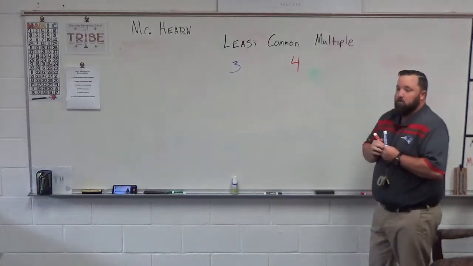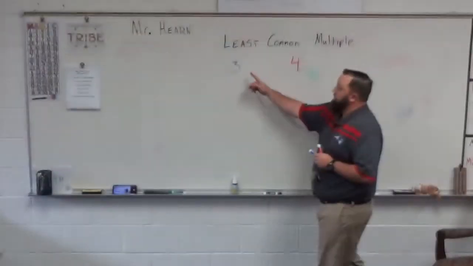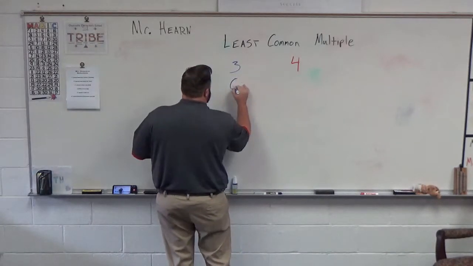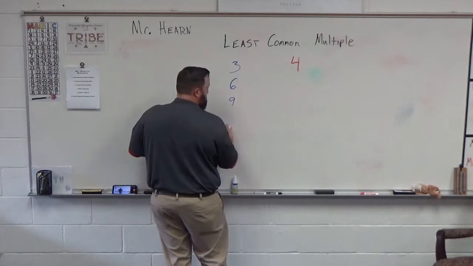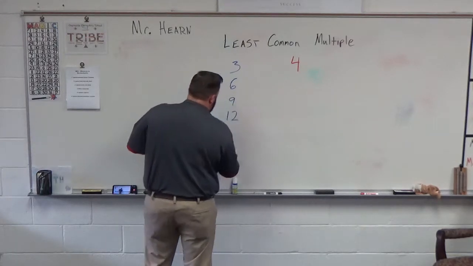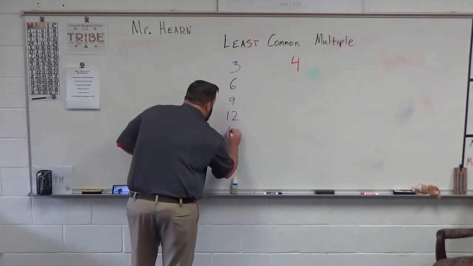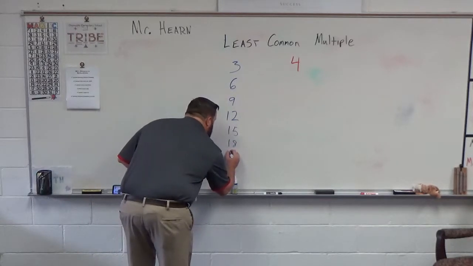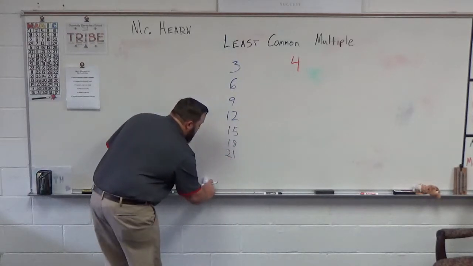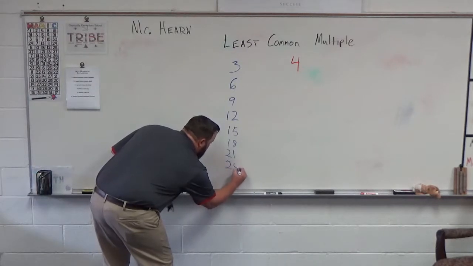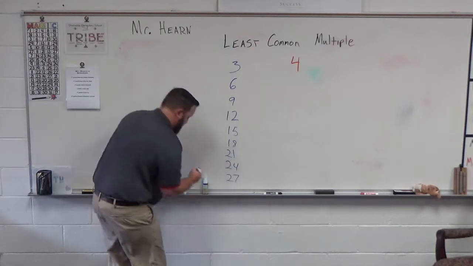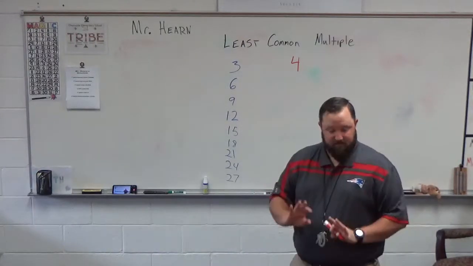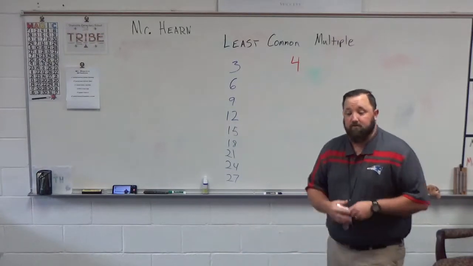The multiples of 3: 3 times 1 is 3, 3 times 2 is 6, 3 times 3 is 9, 3 times 4 is 12, 3 times 5 is 15, 3 times 6 is 18, 3 times 7 is 21, 3 times 8 is 24, and 3 times 9 is 27. You may be saying to yourself, I already know it, Mr. Hearn. That's fine, but I want to go through the process so we can talk about it.